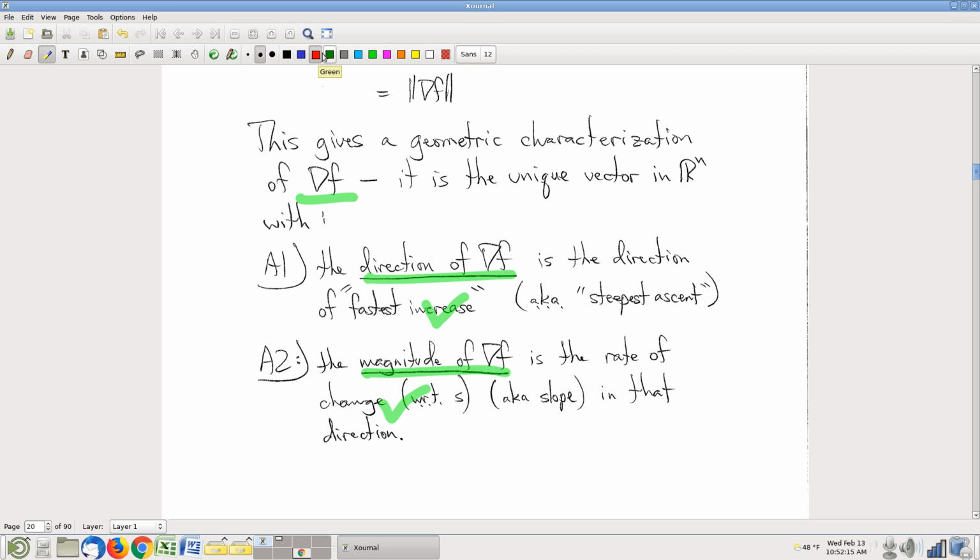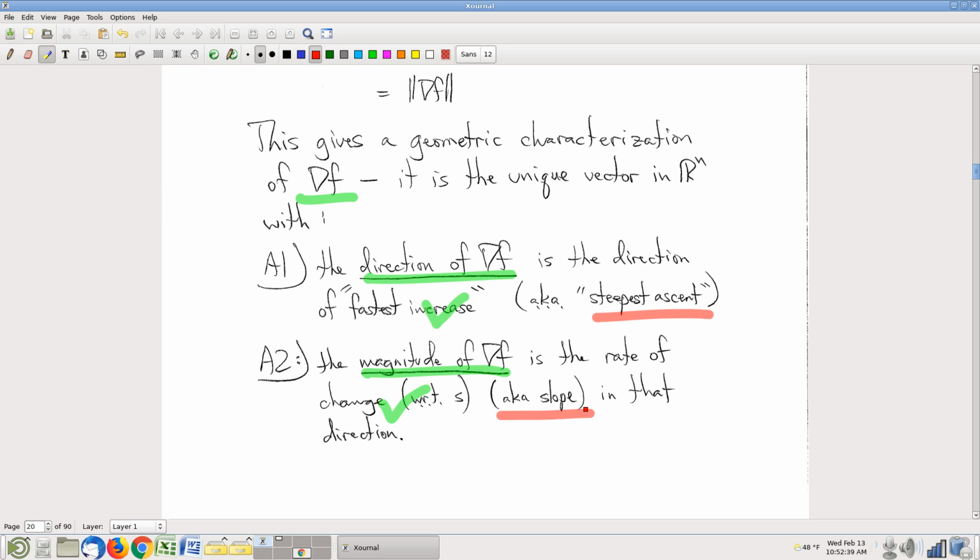Different interpretation: the direction is uphill. It's the direction of what we call steepest ascent, which is just a fancy way of saying it points uphill. And its magnitude, df/ds, in the context of a graph, is the slope of that graph.